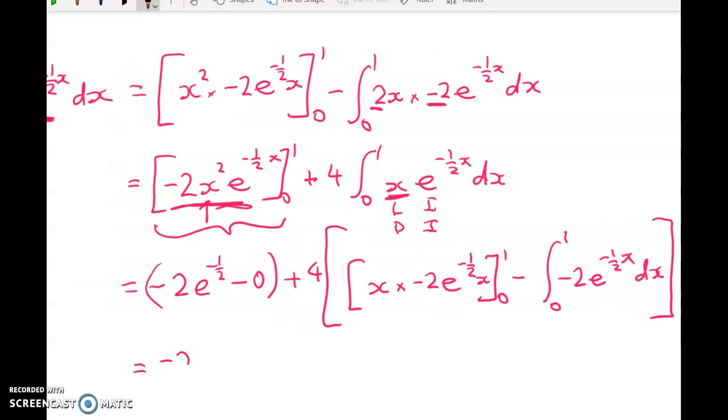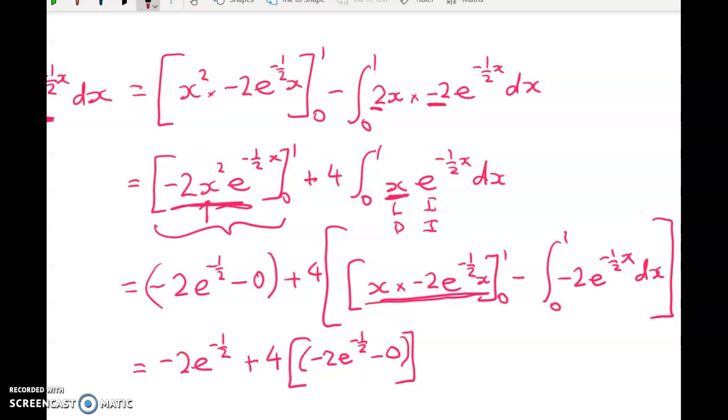So this gives me negative 2 e to the negative a half plus 4 times negative 2 e to the negative a half minus 0. And cleaning this up, I've got plus 8 times the integral of 1 to 0 e to the negative a half x dx.